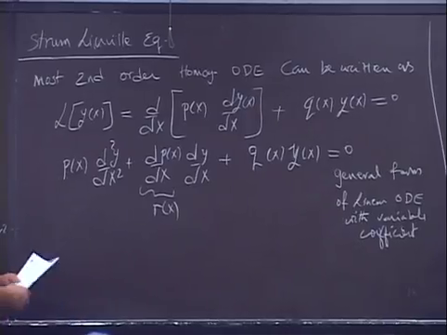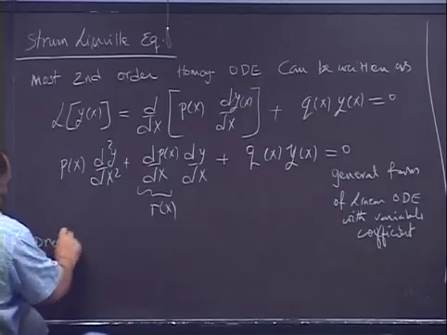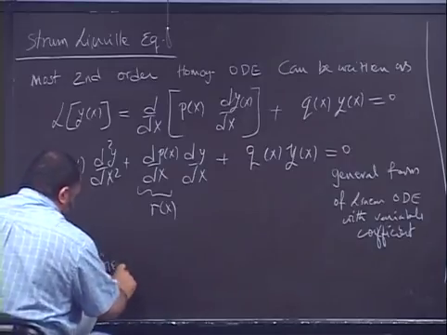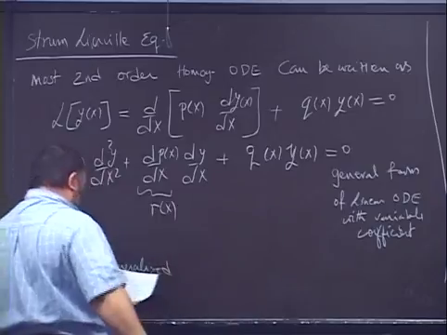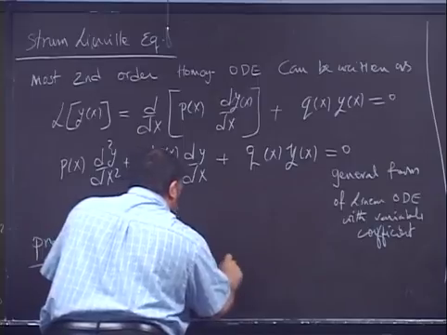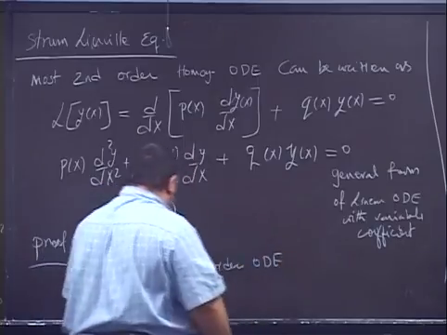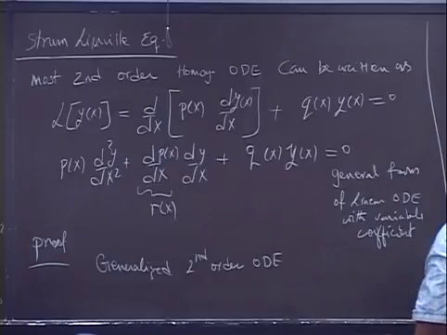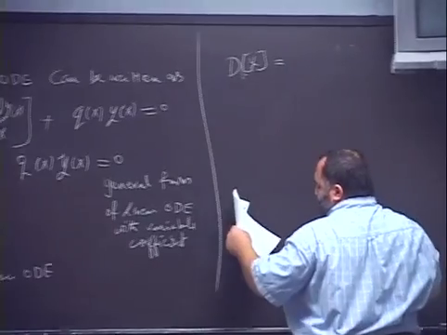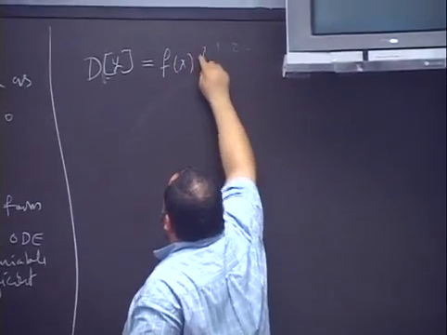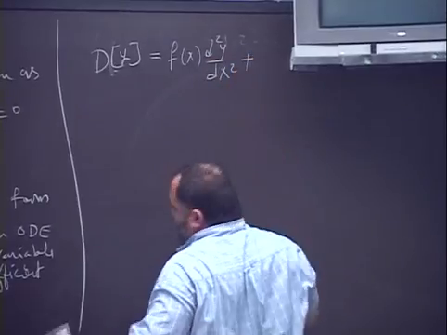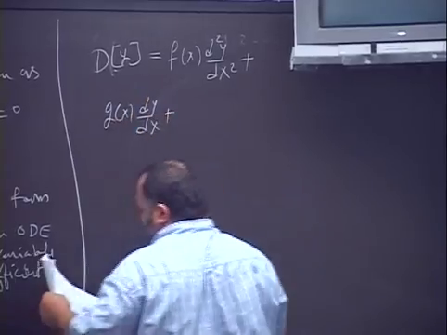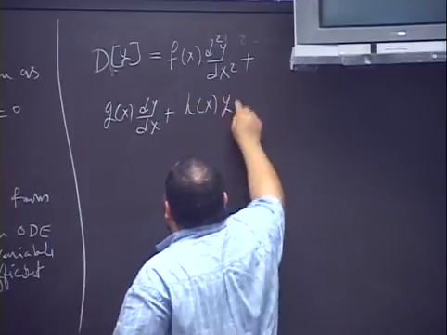So how do we prove that this is true? The generalized second order ODE can be written as the operator D operated over y equal to some function f of x d2y by dx squared plus some function g of x dy by dx plus some function h of x y equal to 0.